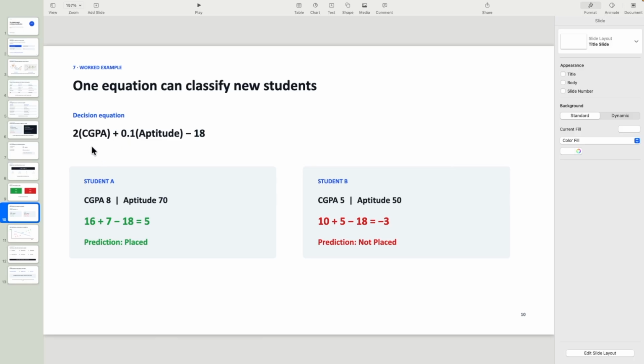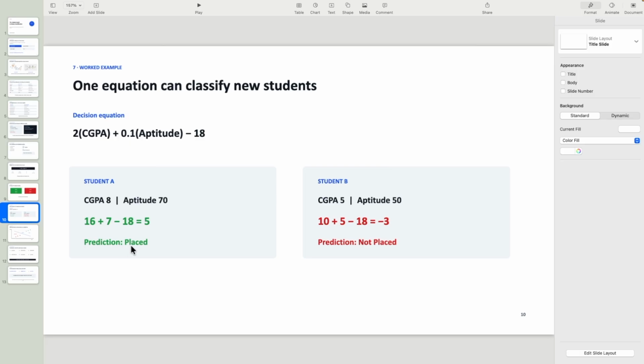The 2 is multiplied by 8, and we sum it with the second feature and weight. The aptitude score 70 multiplied by 0.1 gives 7, and we subtract our bias value 18, then the result is 5. This is greater than 0, prediction placed.